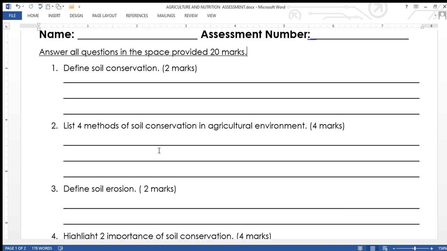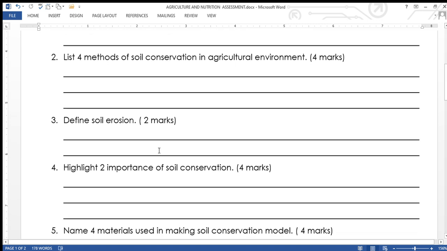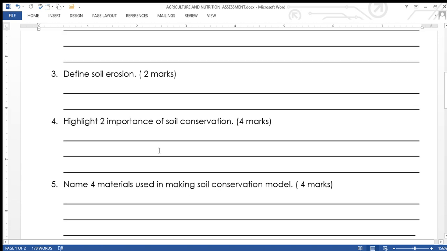So we have question 4. Let me have one group which will read question 4. Which group has not read? Yes, group 8. Can you read question 4? Highlight the importance of soil conservation.